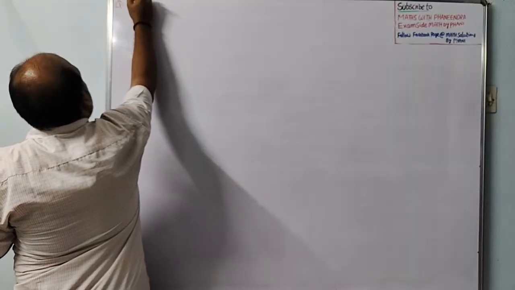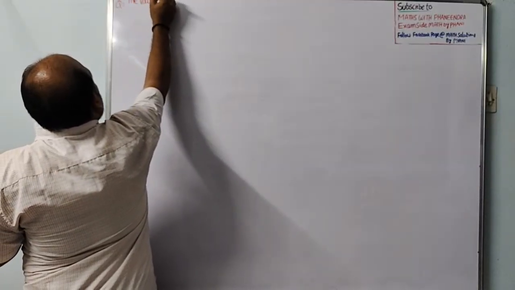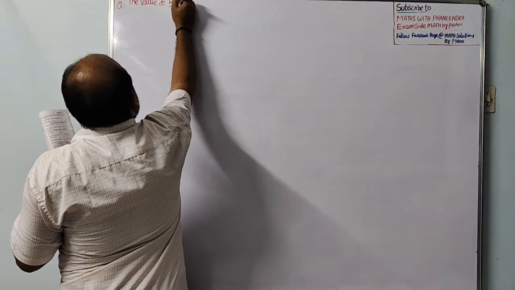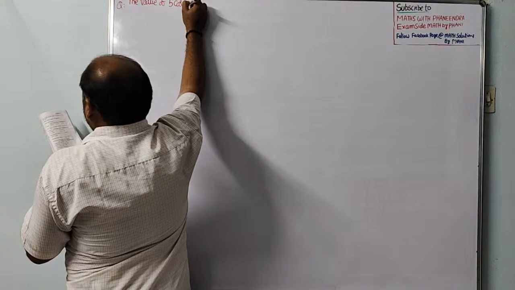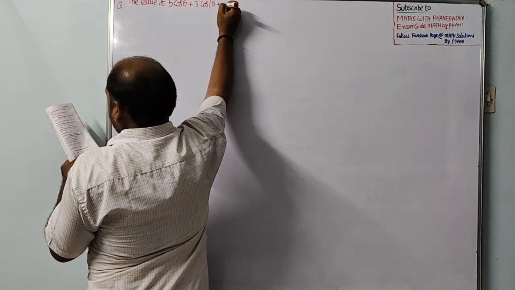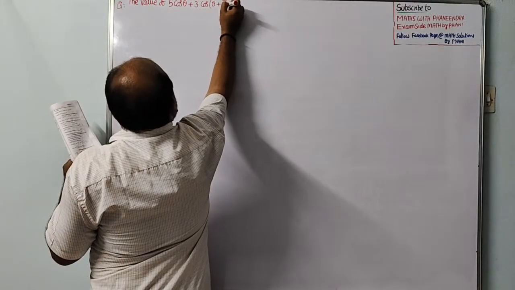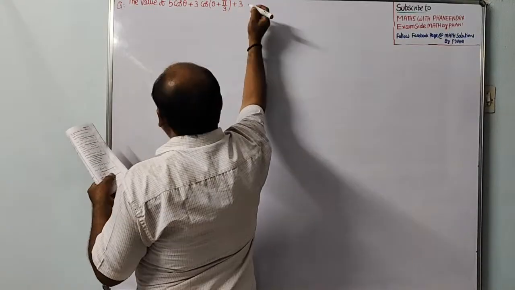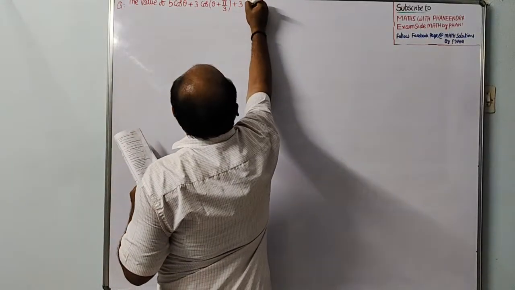The value of 5 cos theta plus 3 cos(theta plus pi by 3) plus 3 lies between.